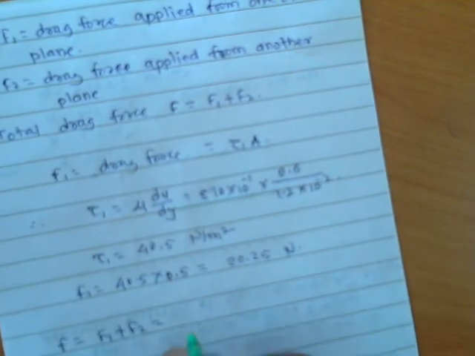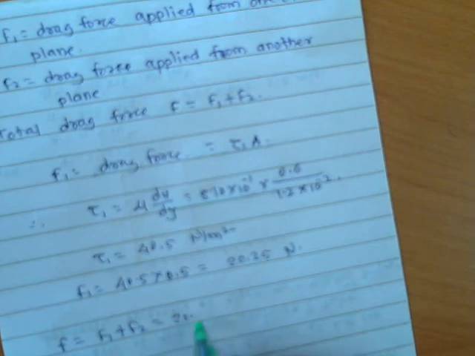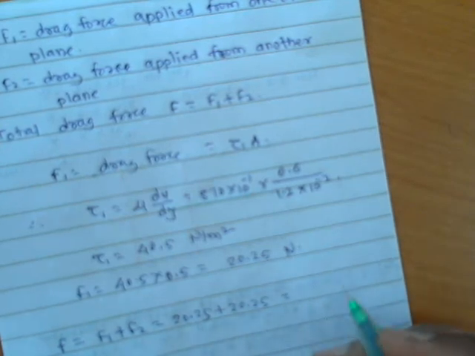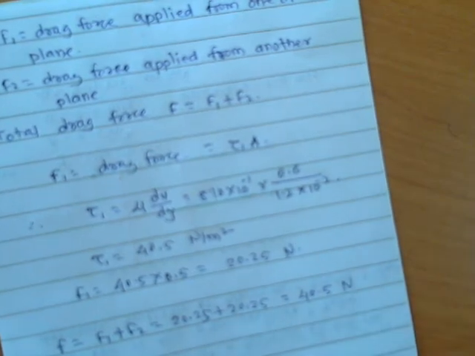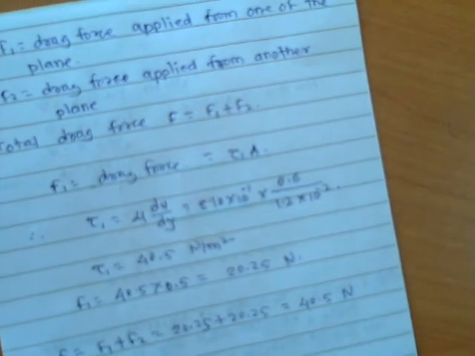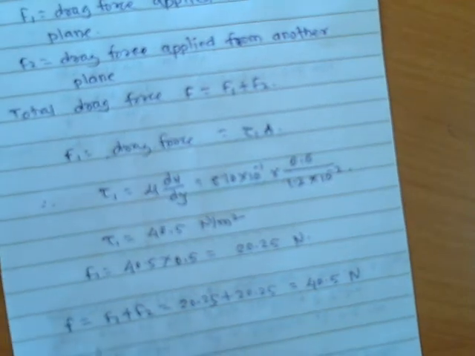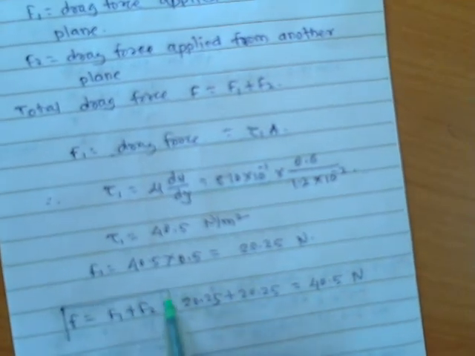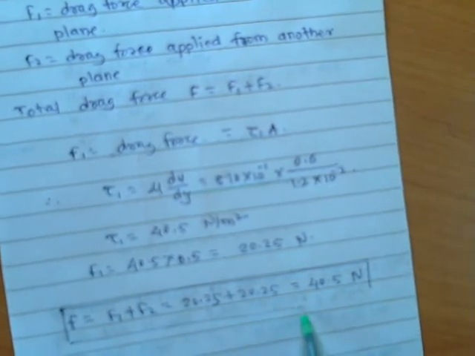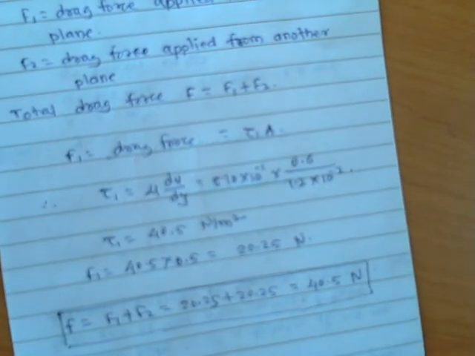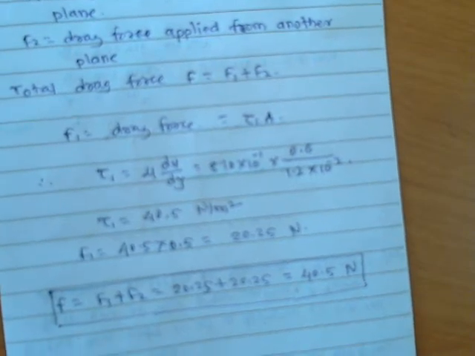So F1 plus F2, that means 20.25 plus 20.25, we are getting the answer 40.5 Newton. So this is our answer for the first case: the total drag force is 40.5 Newton when the plate is available at the middle of the two plates.